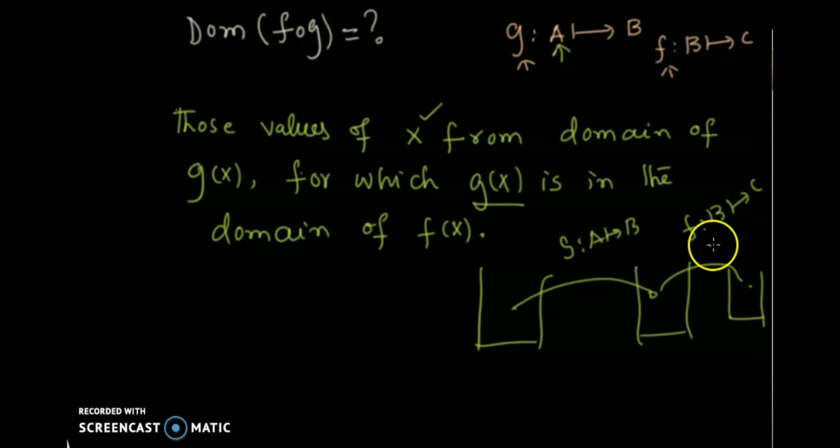So you will take those x values from this domain of a for which this element g of x is in the domain here of f. So whatever the domain of f is, g of x should be into that. So it can't be the case that you have an x for which g of x is going out of the domain of f. If that's happening, then you can't take it into the domain of f of g.